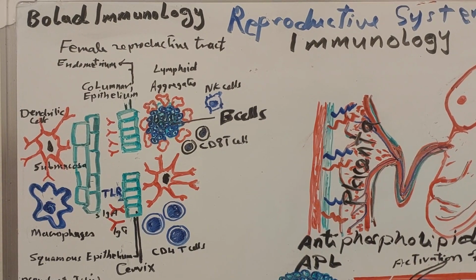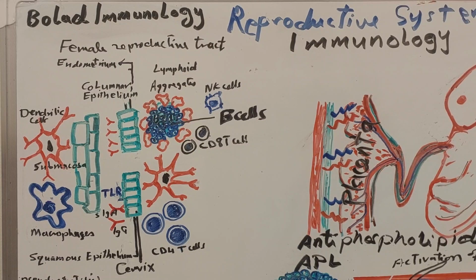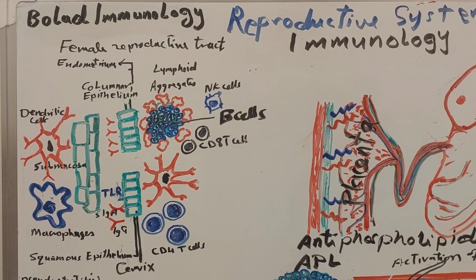In this video lecture, I'm going to talk about male and female reproductive system immunology. As you know, the female reproductive tract has two main functions: protection against microbes and maintenance of pregnancy to term.